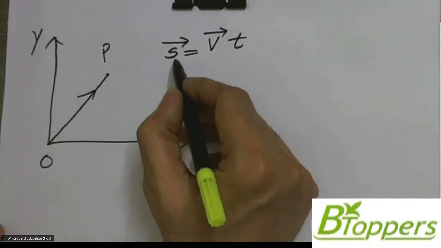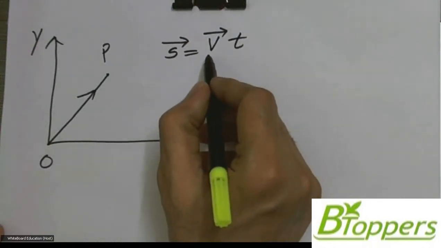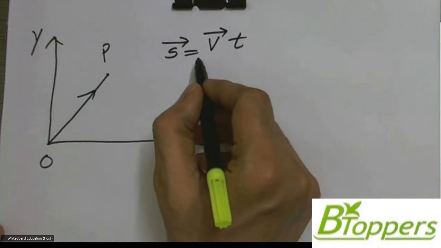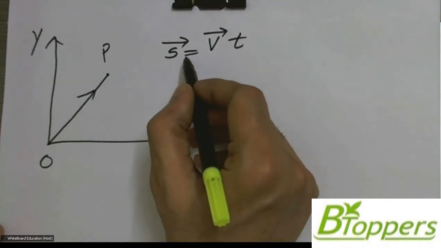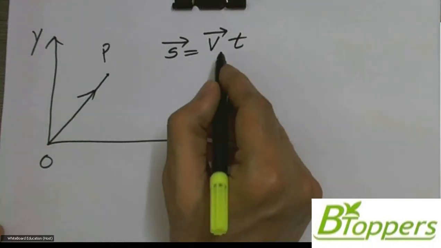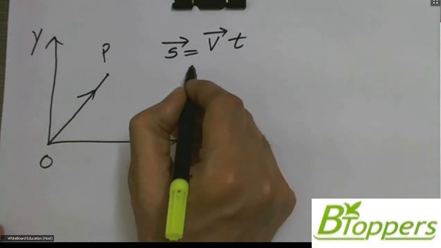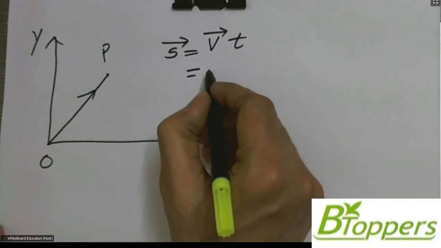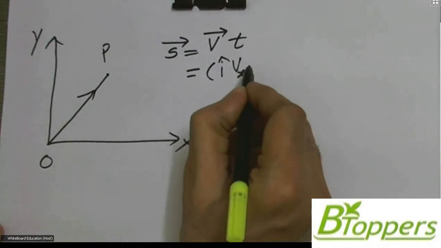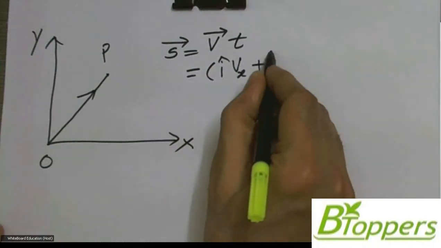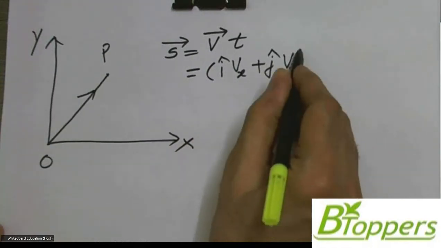So if S bar is the displacement vector and V bar is the velocity vector of the particle, then displacement of the particle in time interval t is given by S bar equals V bar into t. For motion in the xy plane, the velocity V bar can be written as i cap Vx plus j cap Vy.